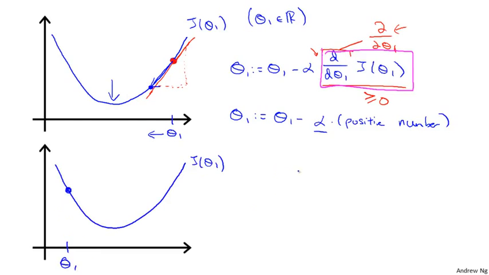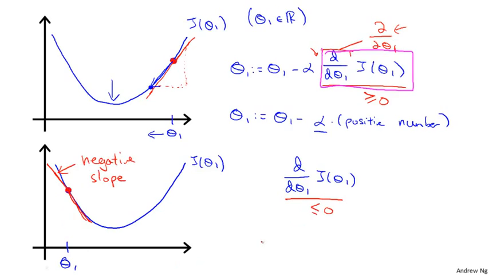Now, my derivative term, d/d theta 1 of J of theta 1, when evaluated at this point, is the slope of this line. But this line is slanting down, so it has negative slope. Alternatively, I can say that this function has a negative derivative, which just means negative slope at that point. So this is less than or equal to 0.